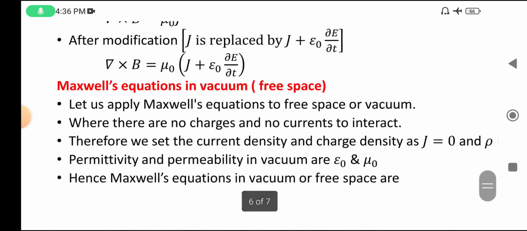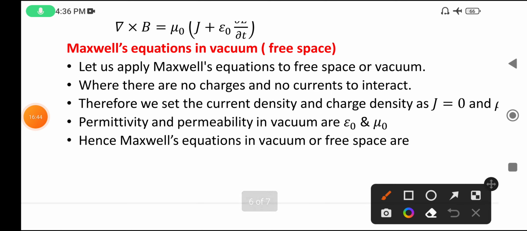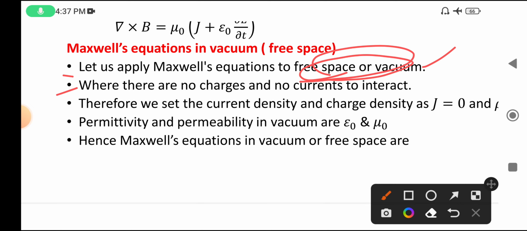Next, applying to the vacuum. Vacuum means free space. Let us apply the Maxwell equations to free space or vacuum, where there are no charges and no currents to interact. In free space current cannot flow. No current means current density is 0.